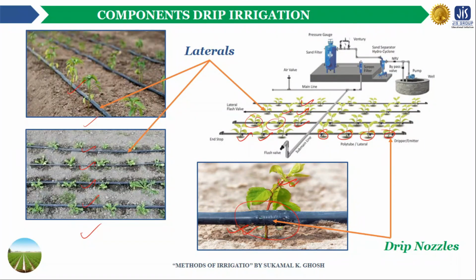Okay, now as we can see in this particular figure, usually one lateral pipeline is provided for each row of crops. Now all the pipes, whether the lateral pipes, the sub-main pipelines or the main pipeline, are usually made of black PVC.